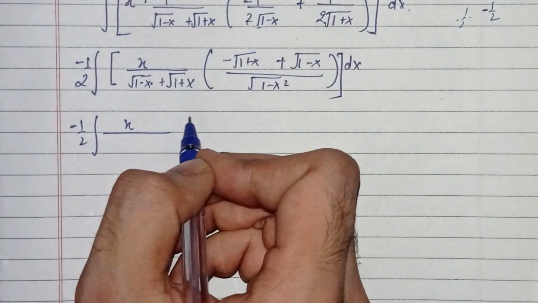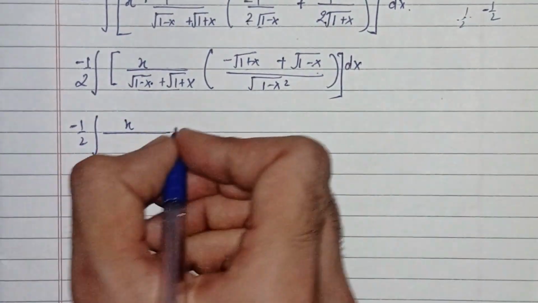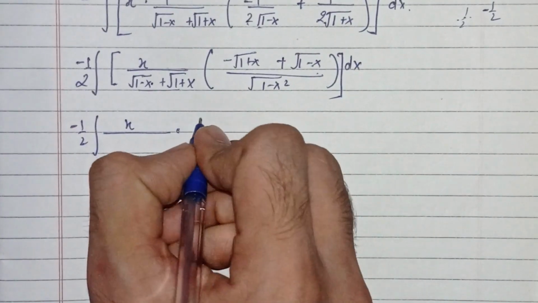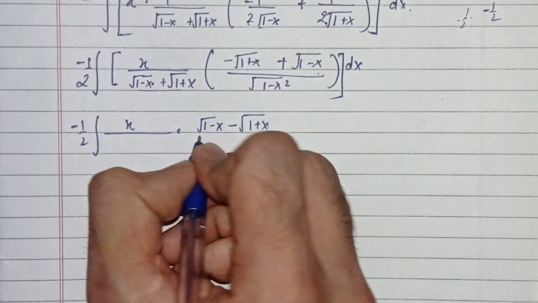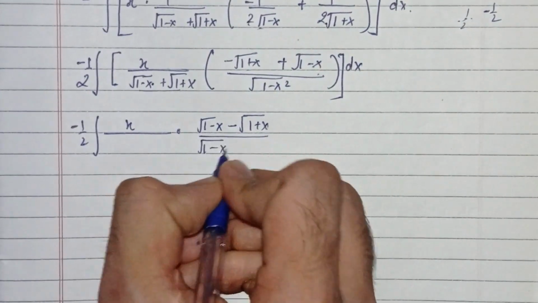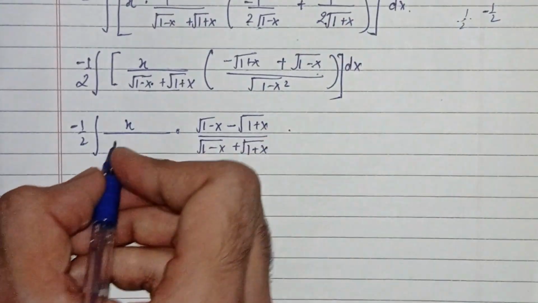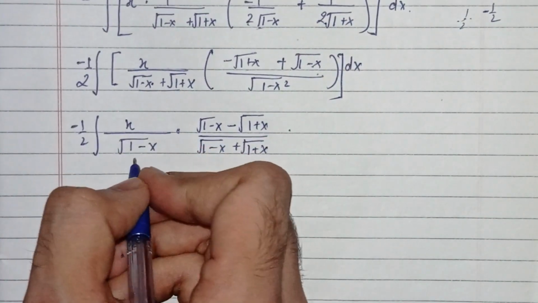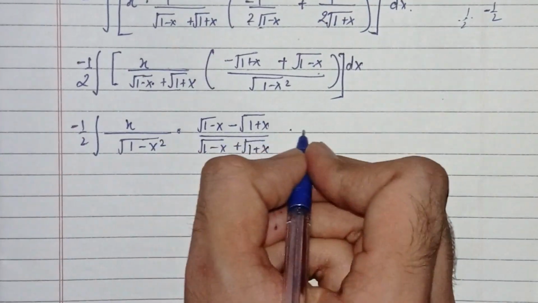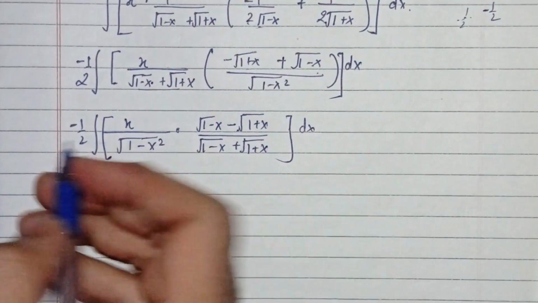If I see this value and this value, what I am saying is (√(1−x) − √(1+x)) upon (√(1−x) + √(1+x)) and √(1−x²) dx. So I am going to rationalize this part.